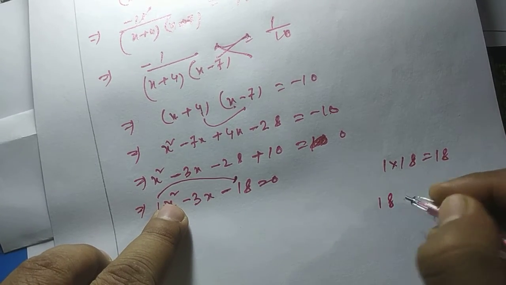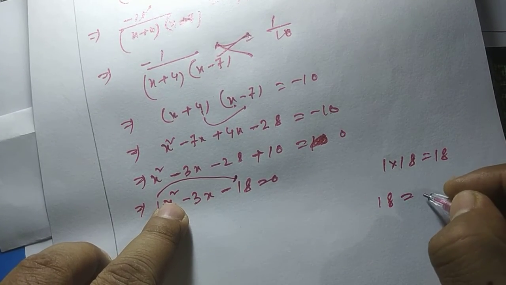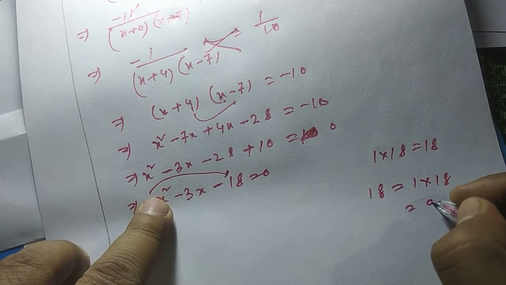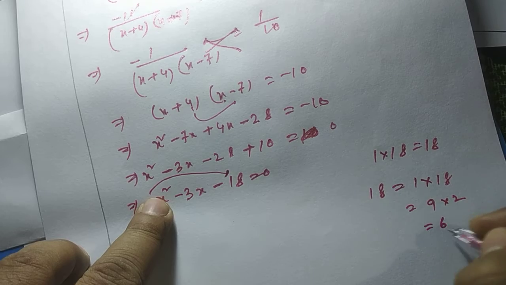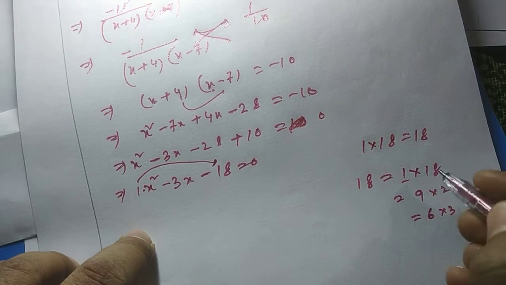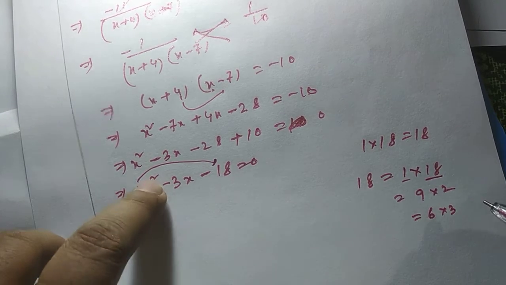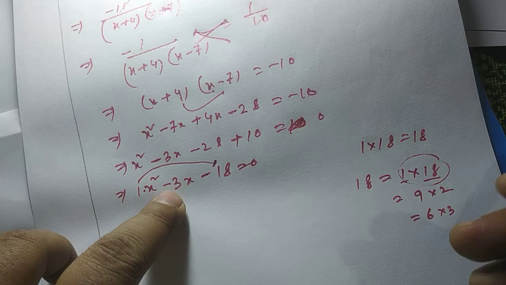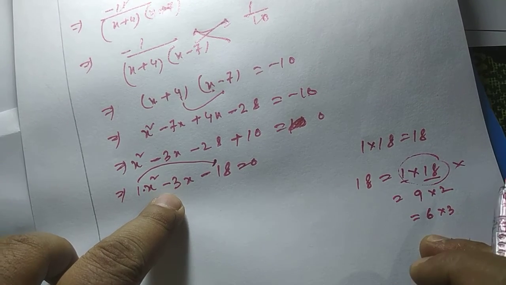Now 18 can be factorized as 1 into 18, 9 into 2, and 6 into 3, right? Now if we take 1 and 18, then we cannot get minus 3 in the middle using them, so it is cancelled.